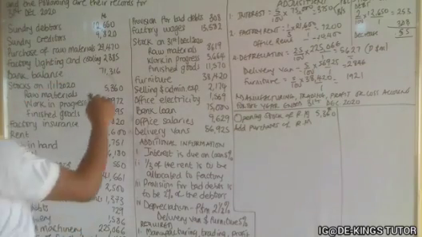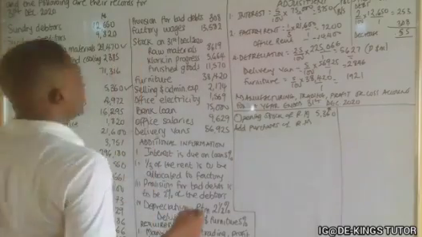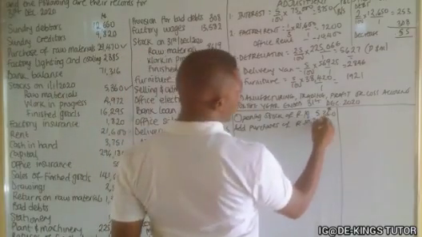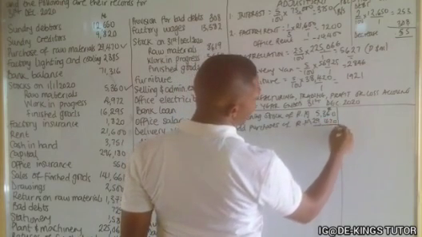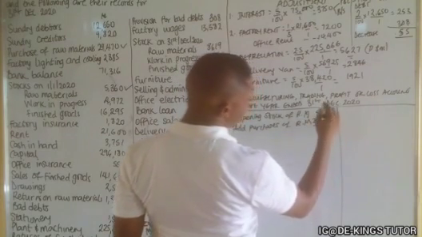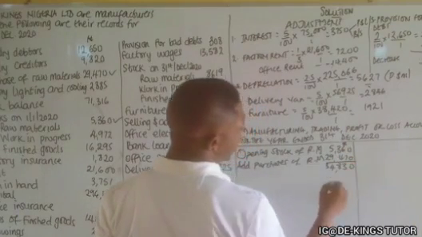Whichever one we have done, let's tick it. So purchase of raw materials, 29,470.